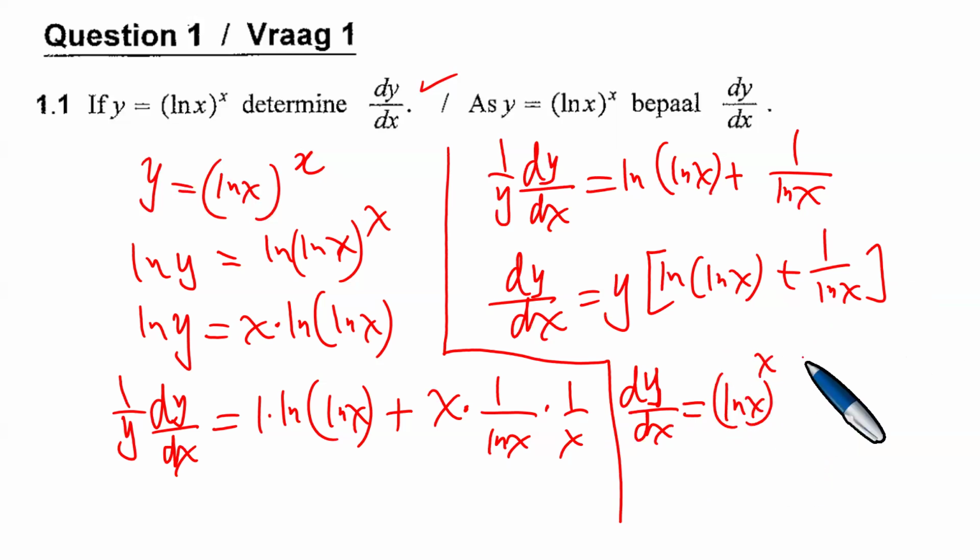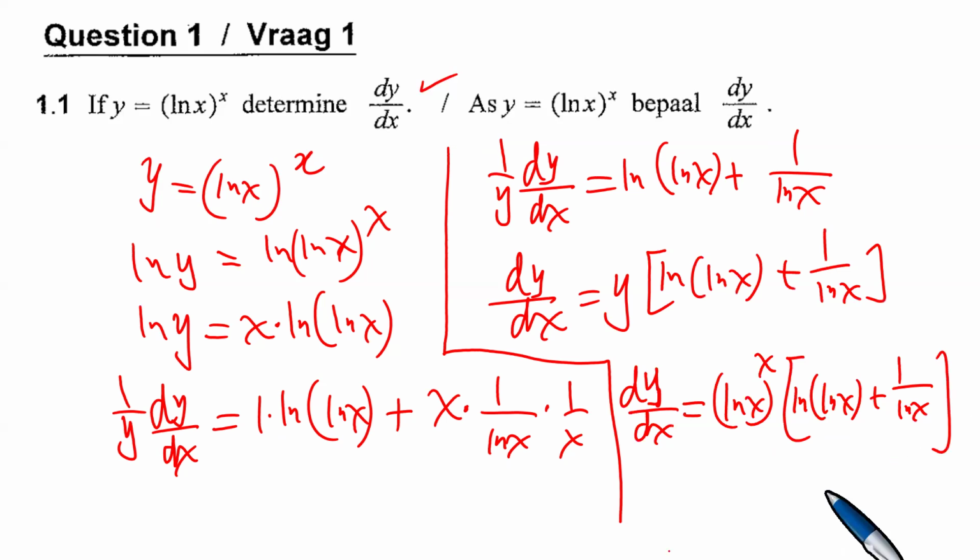You have exactly this here, y being x to the power of ln x, and the ln of ln x plus 1 over ln x, like this. So that is the answer. Take a look at this one and think about it. Any question, any remark, anything to add or remove? Any suggestion on this? No suggestion. Move to the next point.